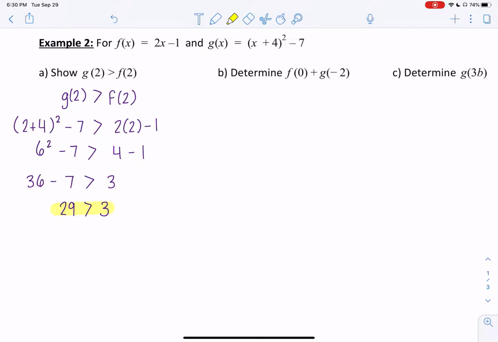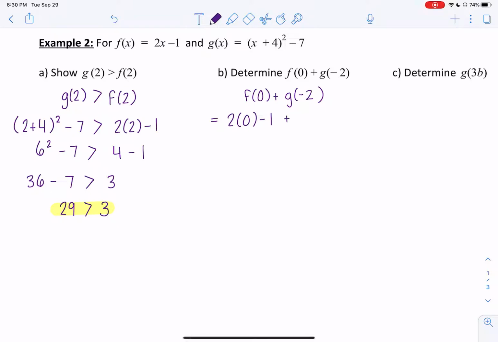Let's try another one. So now we'll determine f at 0 plus g at negative 2. So f at 0 plus g at negative 2 is equal to, we'll rewrite f, but instead of an x, I'm going to put a 0.